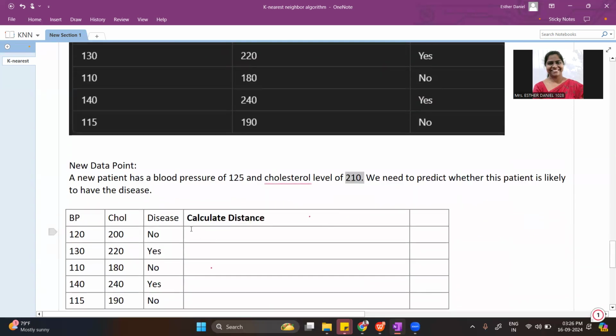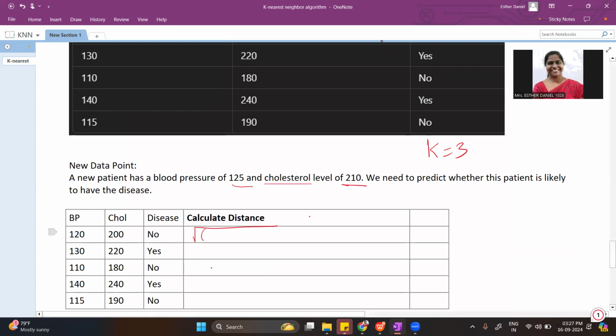For this data set, the first thing we have to do is calculate distances, and we are assuming the k value as 3. The new patient's blood pressure level is 125 and cholesterol level is 210. So we calculate the distance of each patient's BP and cholesterol with respect to the new patient's BP and cholesterol.